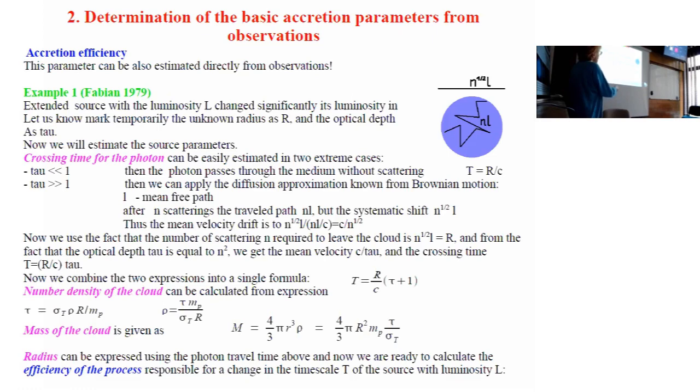So now we consider the photon which finally left the cloud. Then the shift of the photon is equal to the radius. The optical depth, on the other hand, is equal to the number of scatterings. So from that, we get that the crossing time is, again, the ratio of the size to the light speed, but now it is multiplied by tau.